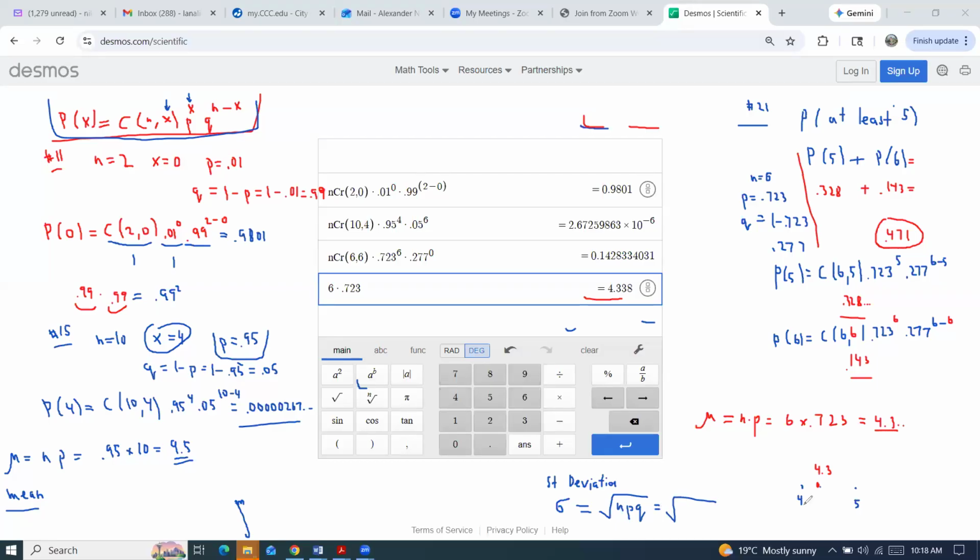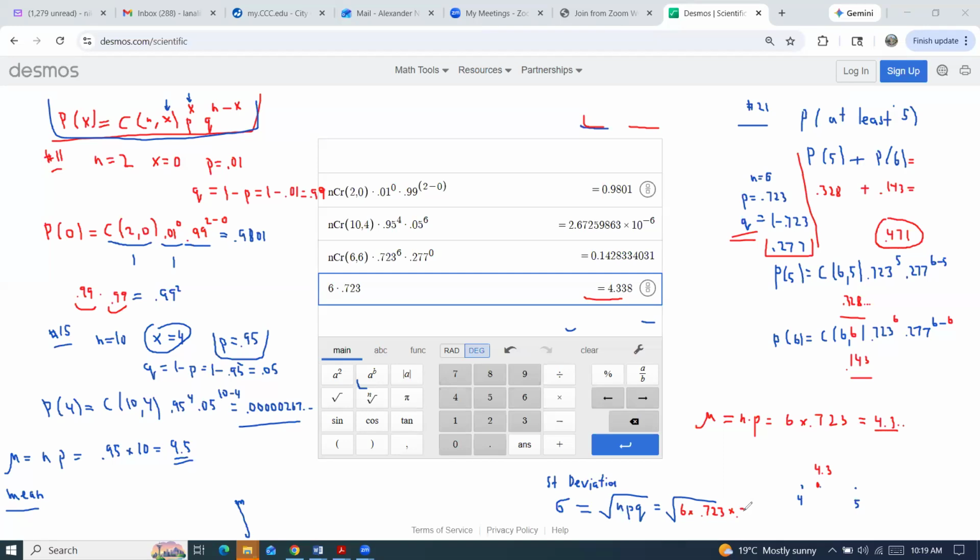I will see the ballpark of how far to the left and to the right it extends, because we know 4.3 is not possible, but depending on the level of spread, you might get all kinds of different answers. So I'm going to calculate this square root. 0.723 is our probability of success, and the failure, the complement of p, is 0.277.